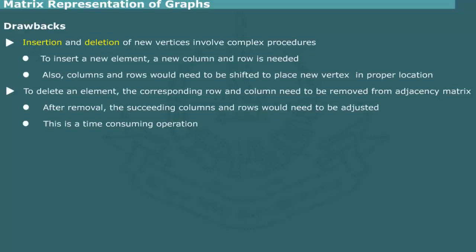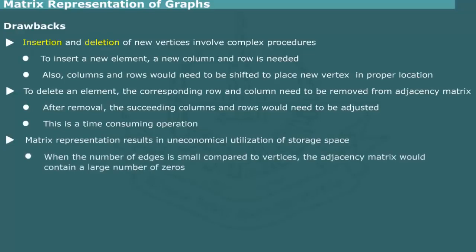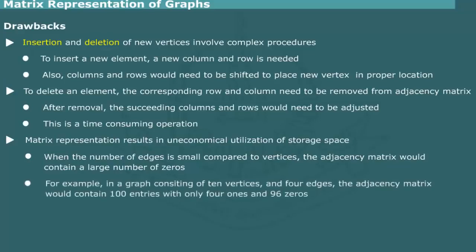Another drawback of adjacency matrix is that it results in uneconomical utilization of storage space when the number of edges is small compared to the number of vertices. In such a case, the adjacency matrix would contain a large number of zeros and would be sparse. Consider, for example, a graph consisting of 10 vertices with 4 edges.